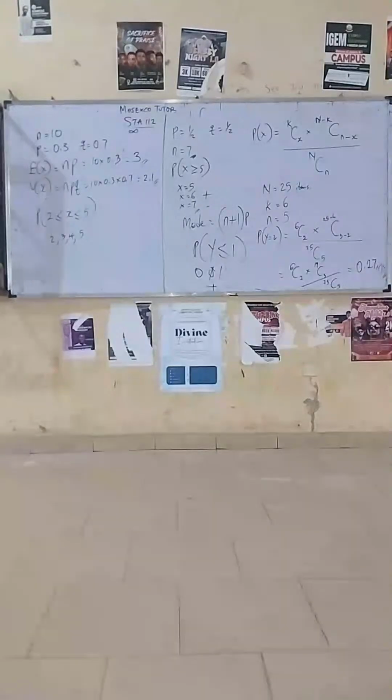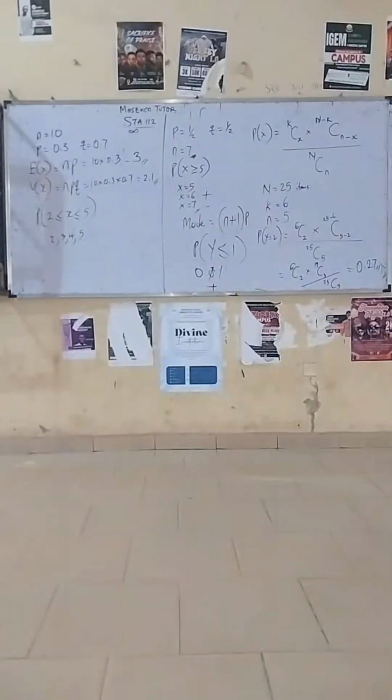Now, I have a question here. If outcome A is not affected by outcome B, then events A and B are what?